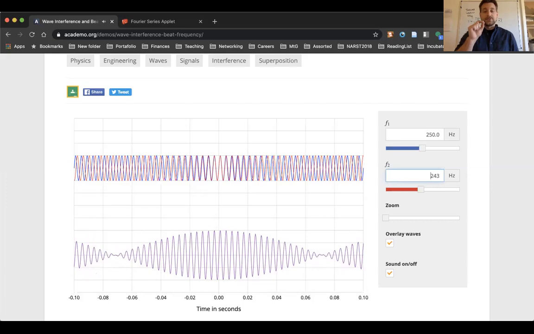As we make those frequencies closer to the same, the region where they line up is larger, and the region where they don't line up, where they anti-align, is also larger. So we're spreading out those periods of maximum amplitude and minimum amplitude.